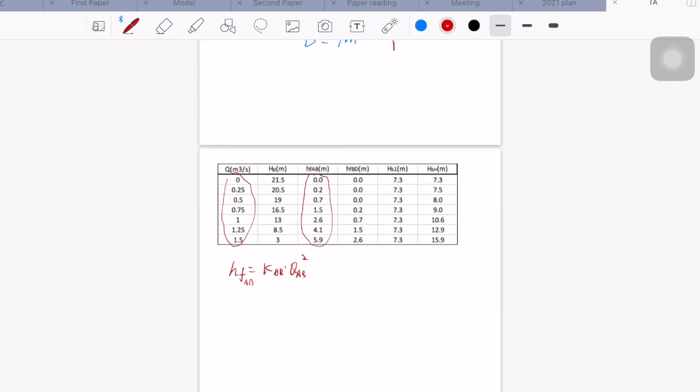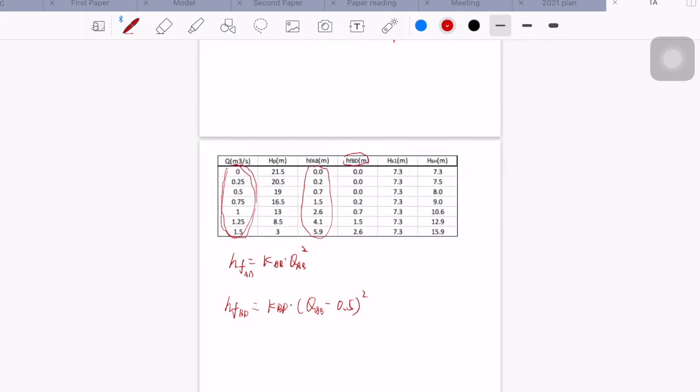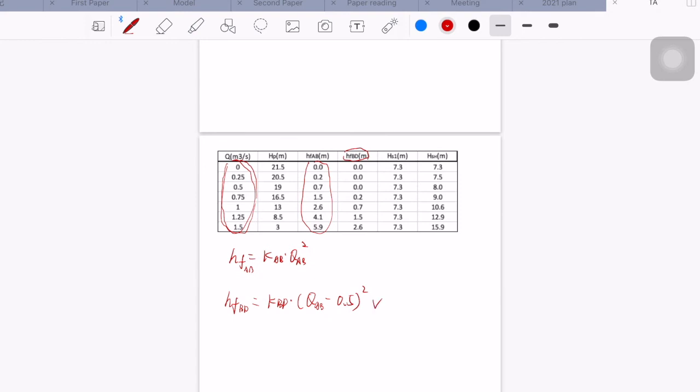And for the friction loss in the BD, the equation is HF BD equals KBD times (QAB minus 0.5) square. The discharge in this column is for the pipe AB, which the problem gave us. So according to this equation, we can determine the friction loss in pipe BD in this column.